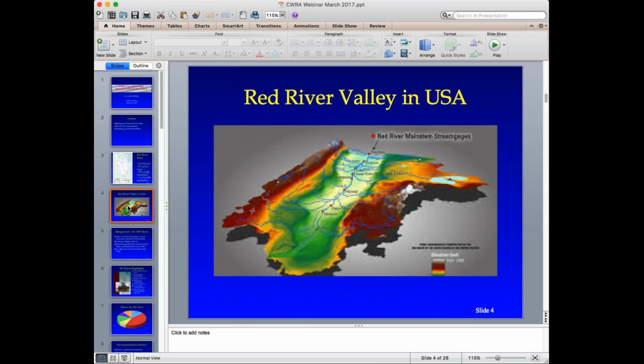The other thing to note is that the tributaries of the Red River tend to just flow directly from the uplands into the Red River, and you don't see that typical dendritic pattern that you often do in many streams. So it's an unusual case in that respect.